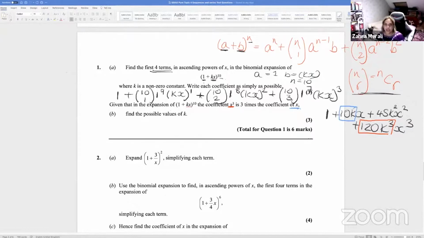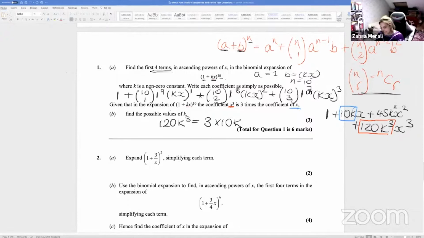Okay, so the coefficient of x cubed is 3 times the coefficient of x. So you've got to really think about which way round that is. So that's saying that whatever the x is, we're going to multiply it by 3, and it gives us the coefficient of the x cubed.